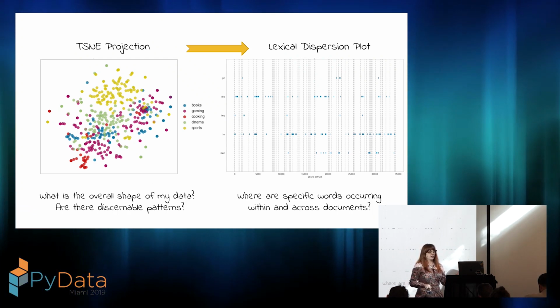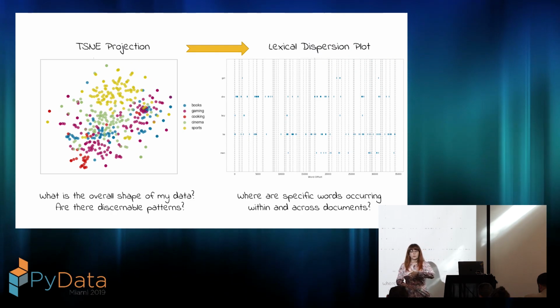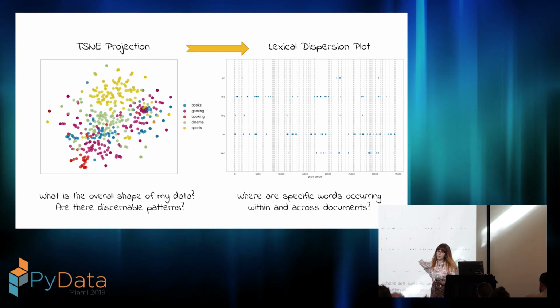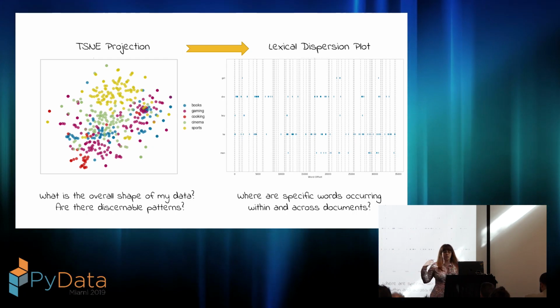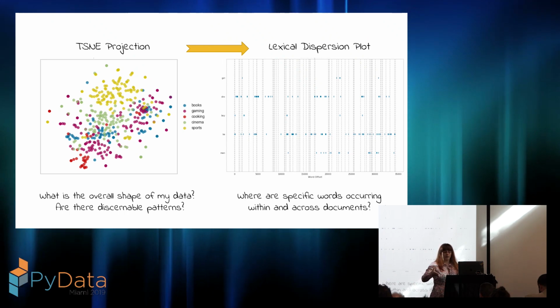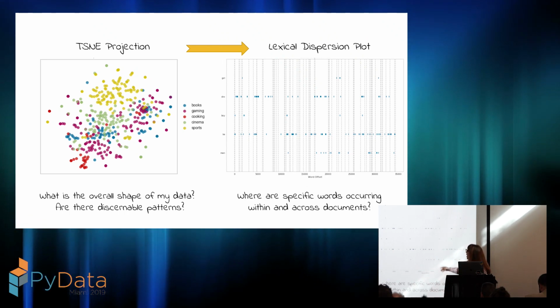And once we feel like the answer is yes, maybe then we do this lexical dispersion plot behind me here. The question you're asking now is, we're going to zoom in on a few words. So that's what we've got here.